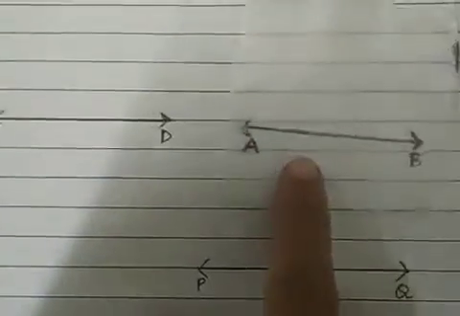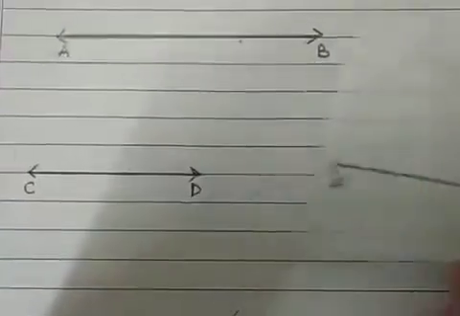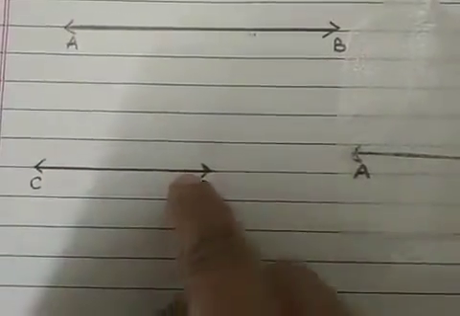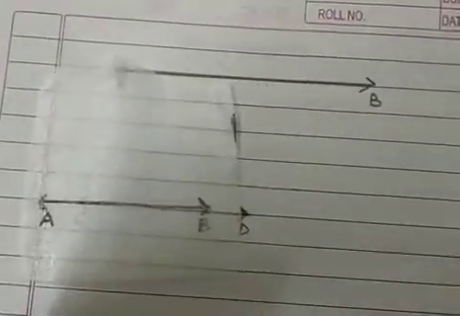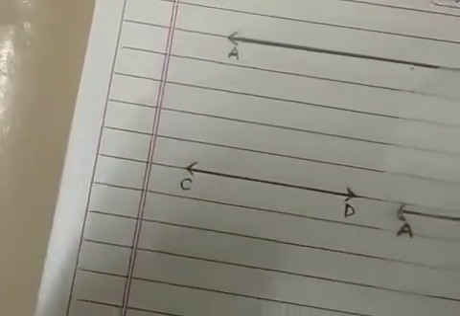Now every time to check whether two line segments are congruent, you will have to take two line segments, cut one, place it on top of the other and check, correct? That becomes very difficult. So there is another method to do it. Before that, let us see another example.